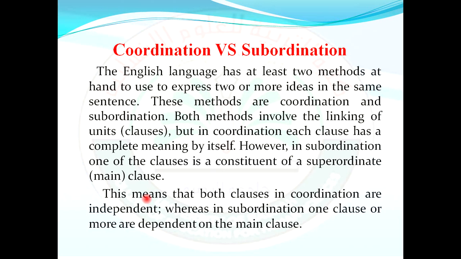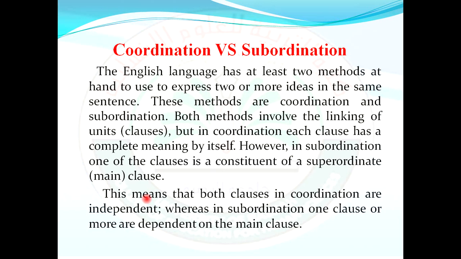Both methods involve the linking of units or clauses, but in coordination, each clause has a complete meaning by itself. So this is the main difference between the two. In coordination, we combine clauses, phrases, or words, and of course each one of them is complete by itself.